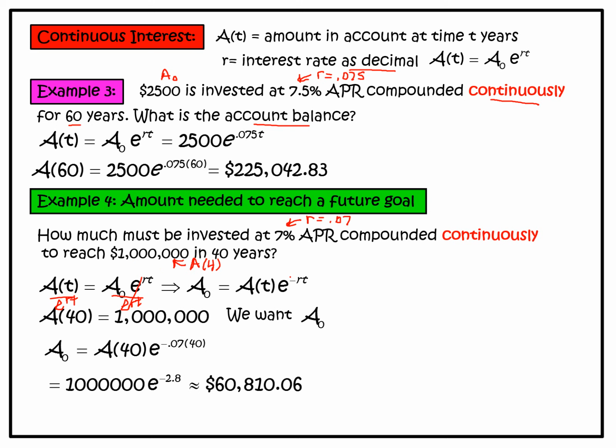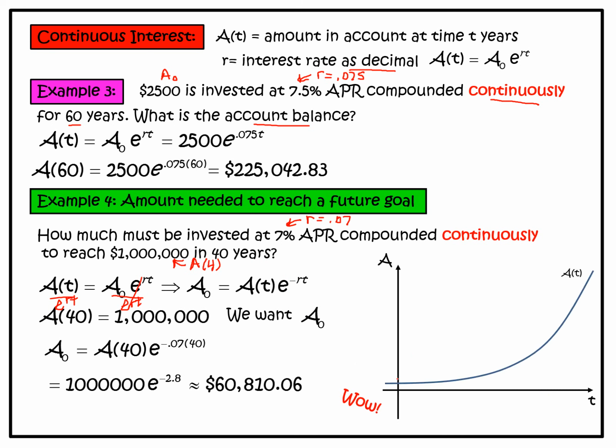So let's see how this grows graphically here. Yeah, that is a wow. So it's growing exponentially. Let's look at the graphs here. So t on the horizontal versus amount on the vertical. And this is going to be an exponential. It's going to start out down here at A0, which is actually our 60,810. So that's a point there.